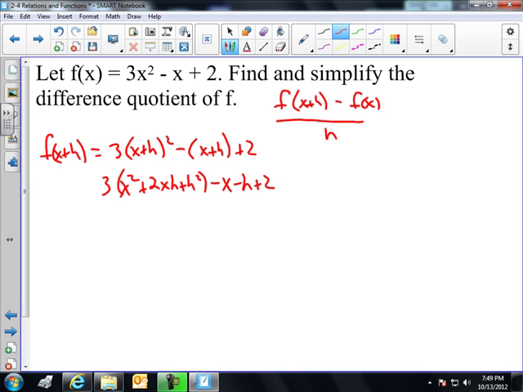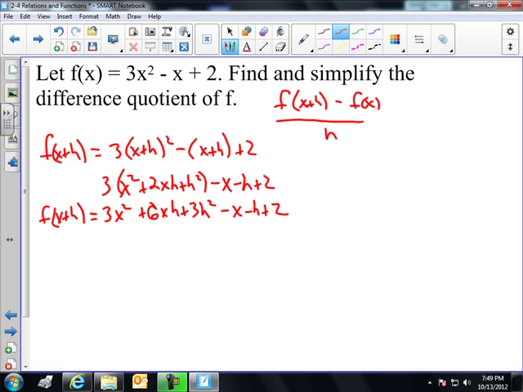Now I can distribute here, giving us 3x squared plus 6xh plus 3h squared minus x minus h plus 2. And I don't see anything else that we can simplify, so that is simply f of x plus h. That's what this expression is.